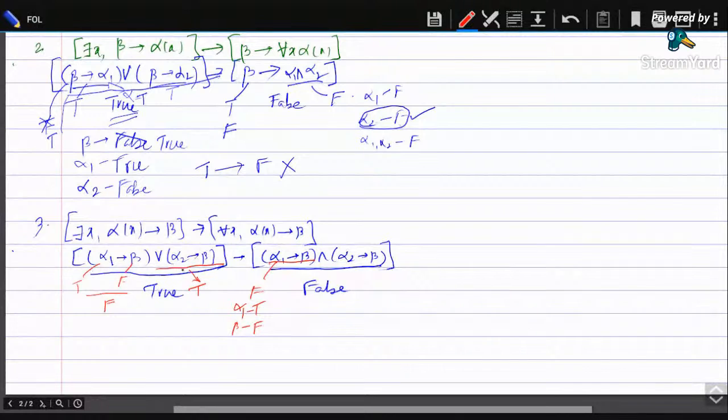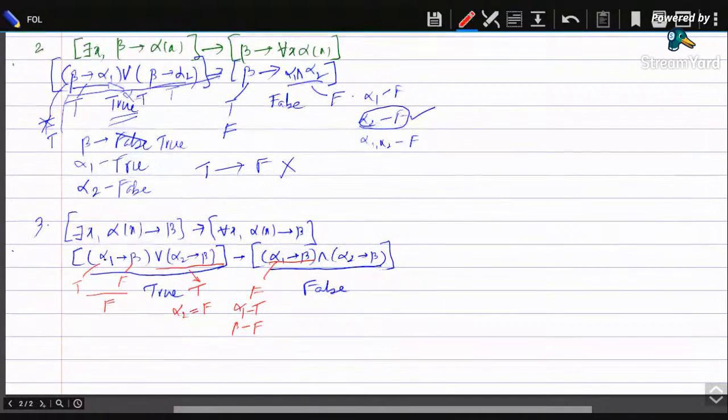For this to be true, let me assume alpha 2 to be false. Done. So what is happening? Alpha 2 is false, and irrespective of beta, false implies false is true, so this is true.